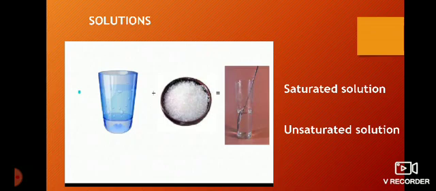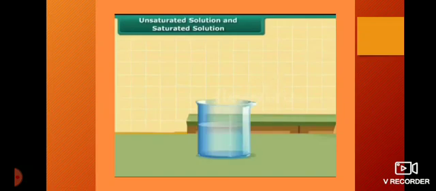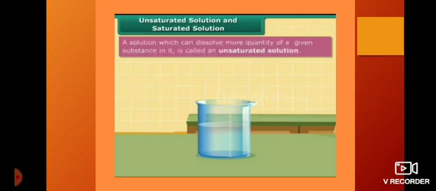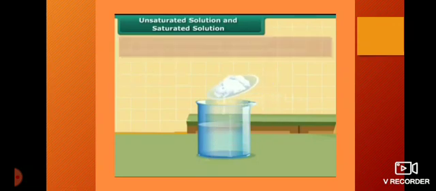Let us watch a pictorial representation of it. Unsaturated solution and saturated solution. Take a beaker with water, add some salt to it. We can call it unsaturated solution because the substance is dissolving. A solution which can dissolve more quantity of a given substance is called unsaturated.